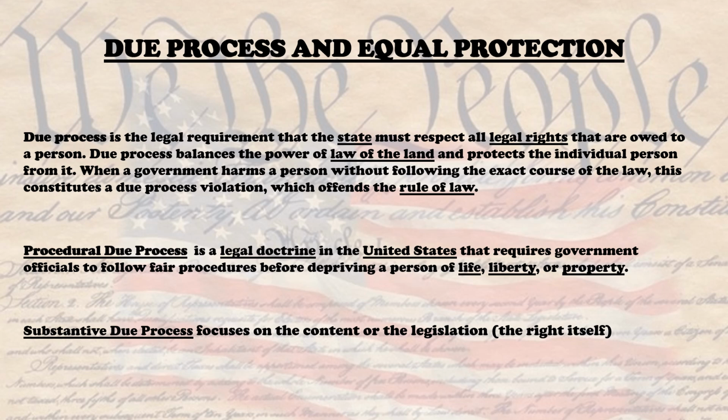Now, when we start talking about substantive due process, the content of the legislation, the content of the law, is what the law actually states. In this country, we follow the rule of law, which really means the punishment must fit the crime. Right? So what is considered to be illegal will be specified in writing that's understandable by a person of average intelligence.